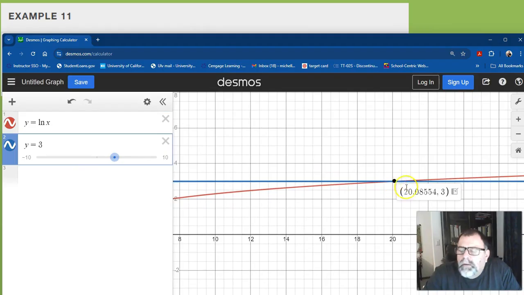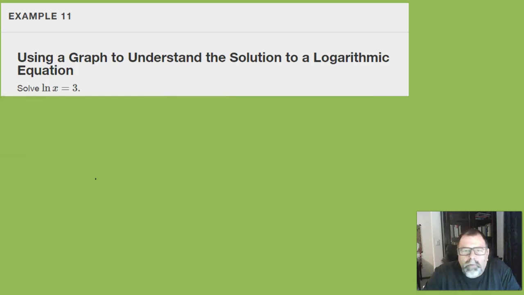And remember, the x coordinate where they intersect is the solution to the original problem. So 20.086 if we want to round to 3 places. Okay, so x is about 20.086, right?